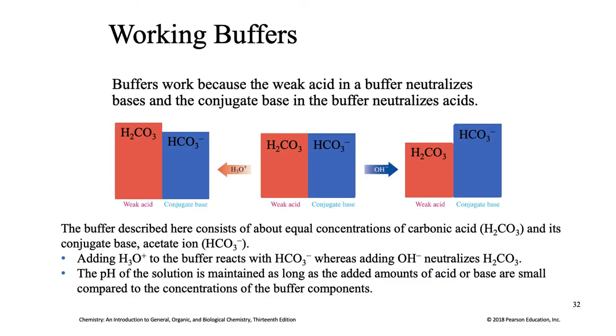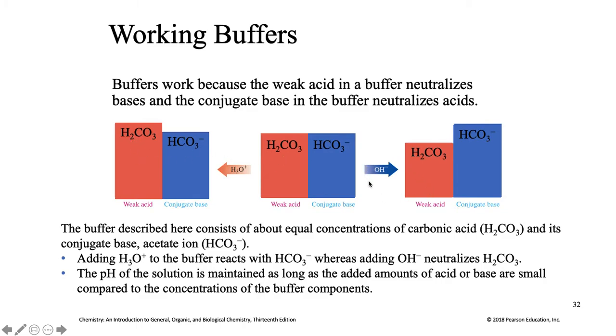Now, as just a recap, buffers work because the weak acid neutralizes the added base, and the conjugate base neutralizes added acid. So here is the whole picture. This is my buffer. If I add acid, it's going to react with my conjugate base to decrease that concentration and increase the H2CO3 a little bit.